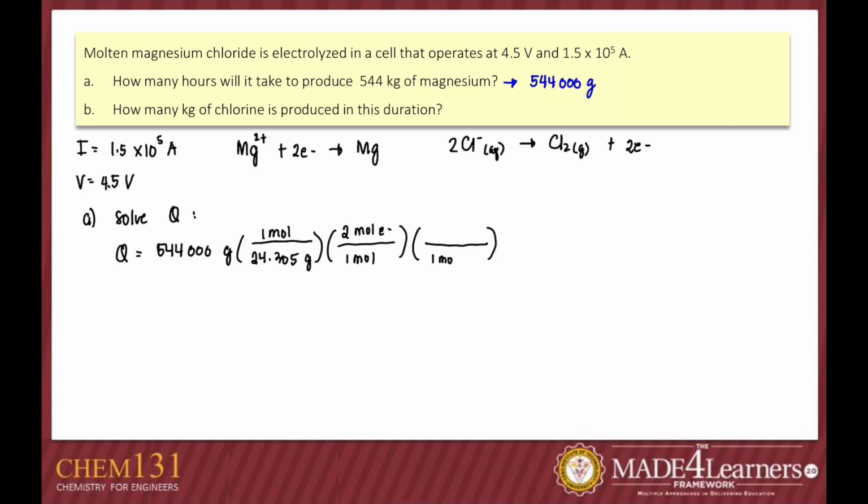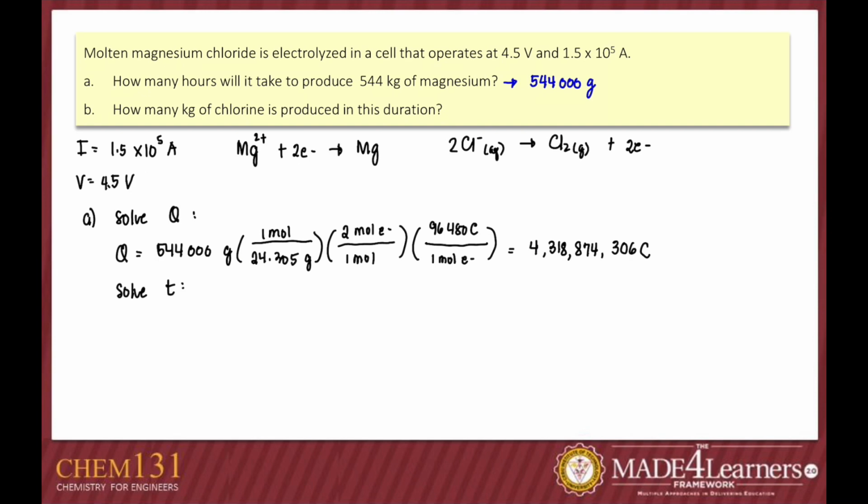For every 1 mole of electrons transferred, the charge is 96480 coulombs. Using our calculator, we will be able to solve. It's a big number: 4,318,874,306 coulombs.